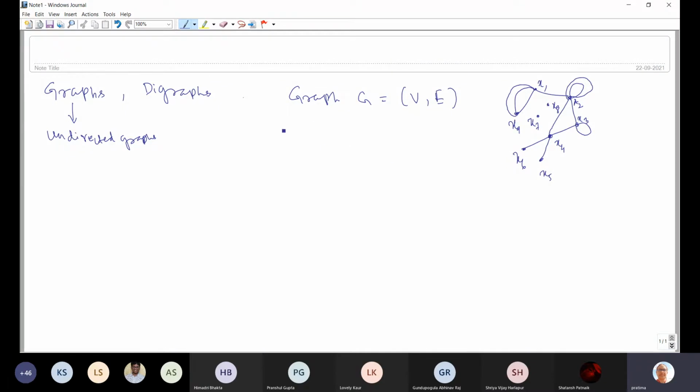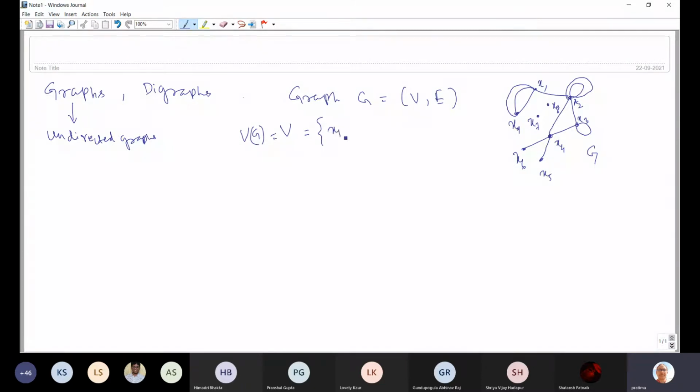Suppose the name of this graph is G. Then the vertex set of the graph G, sometimes we use the notation V(G) if we are dealing with many graphs, to make out the vertex set of which graph we mean.